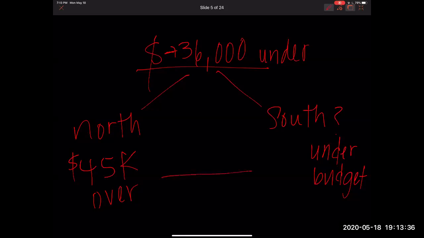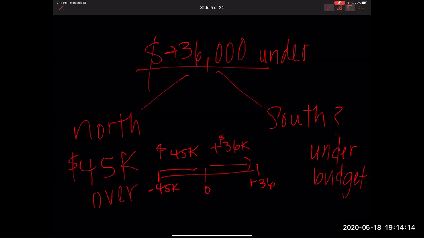I don't know if I'm doing a good job explaining this, but you can imagine this as a 45,000 negative, and the overall amount is 36,000 positive. So first you have to get to 0, and then go an additional 36,000. To get to 0, the south has to be at least 45,000 under, and then you need an additional 36,000.